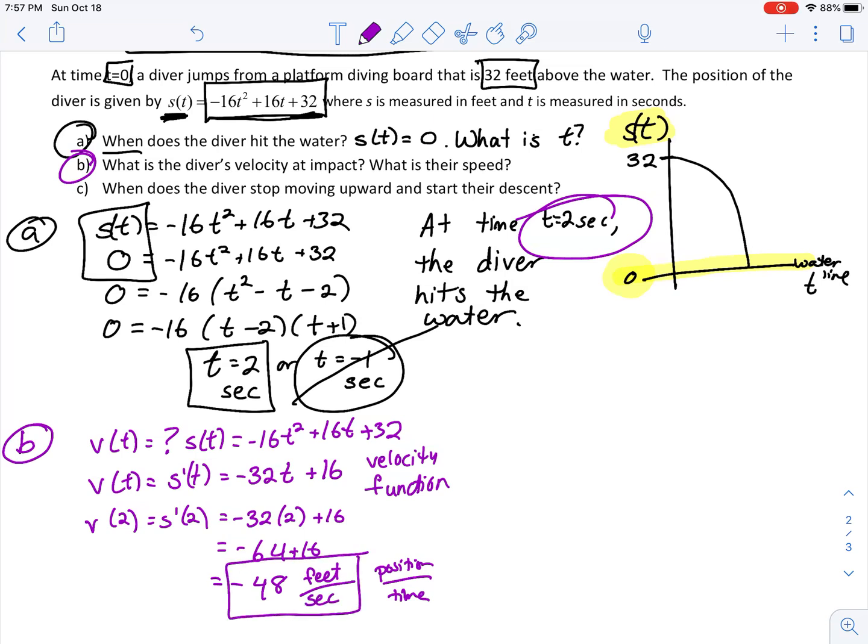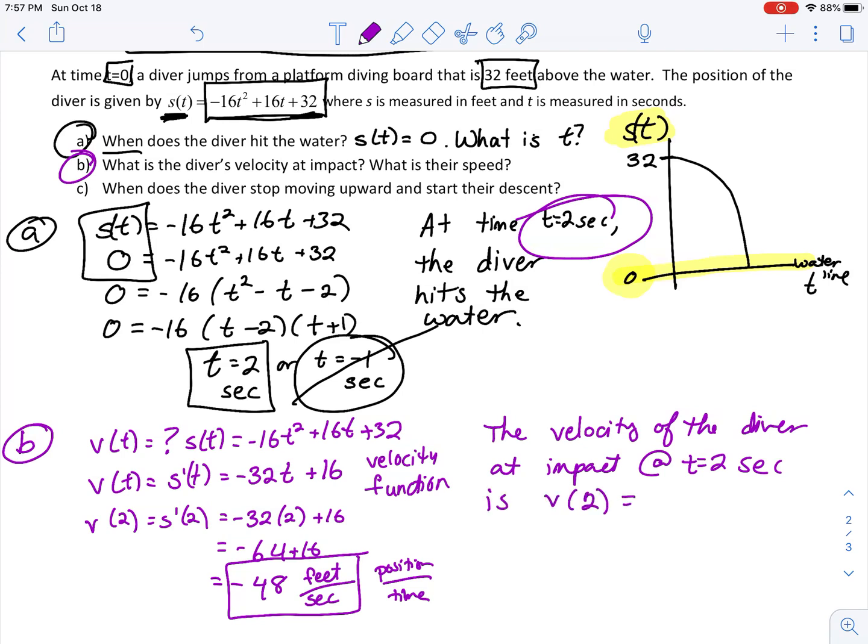So the velocity is negative 48 feet per second. The velocity of the diver at impact, at t equals 2 seconds, is v of 2 equals negative 48 feet per second. So that's the first part of that question.